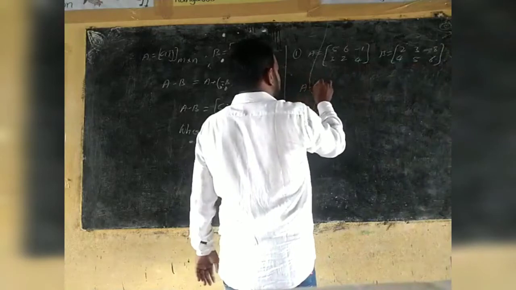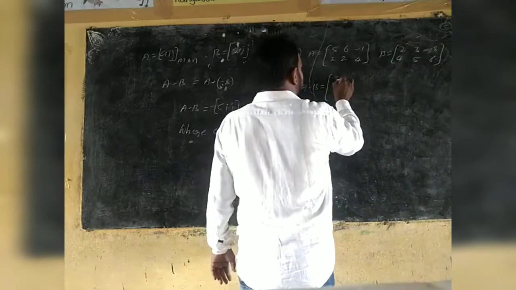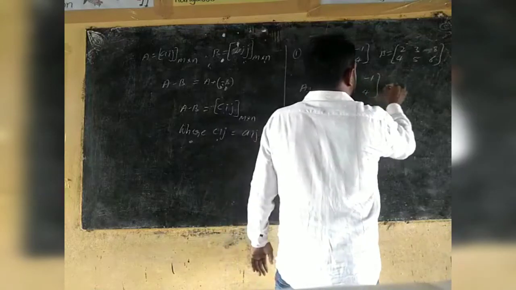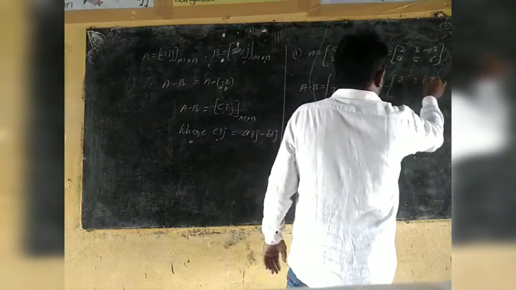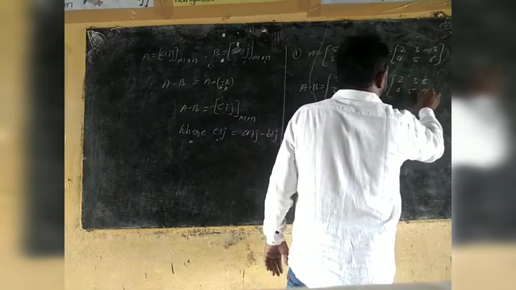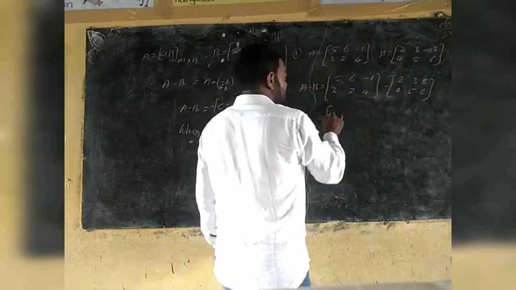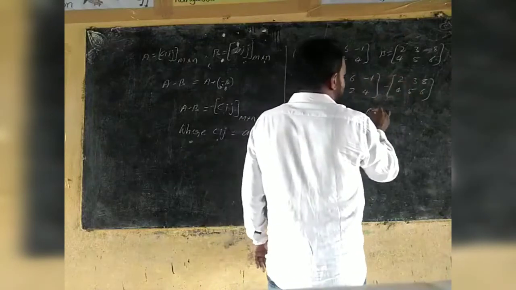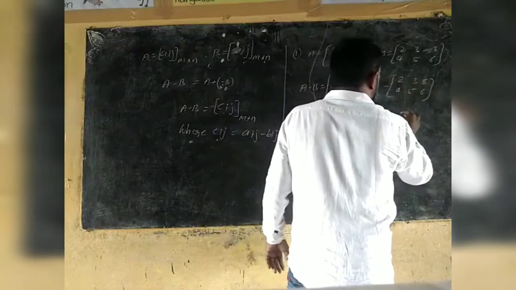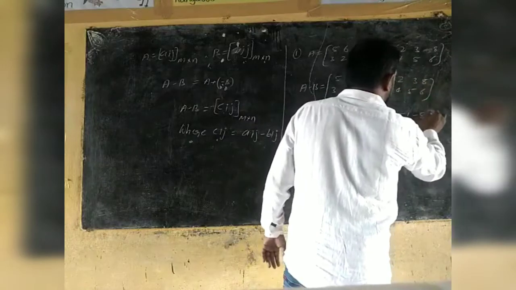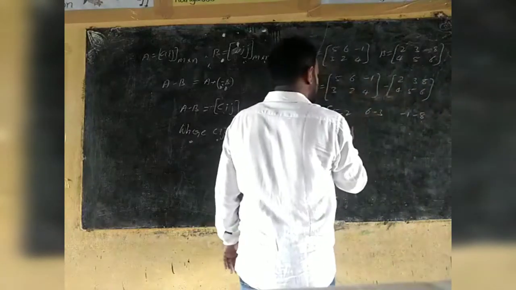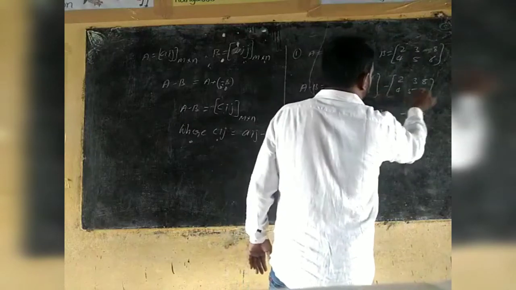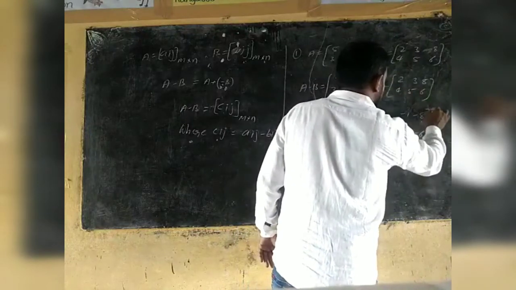So A minus B is equal to 5 minus 2, 6 minus 3, minus 1 minus 8, 3 minus 4, 2 minus 5, 4 minus 6.